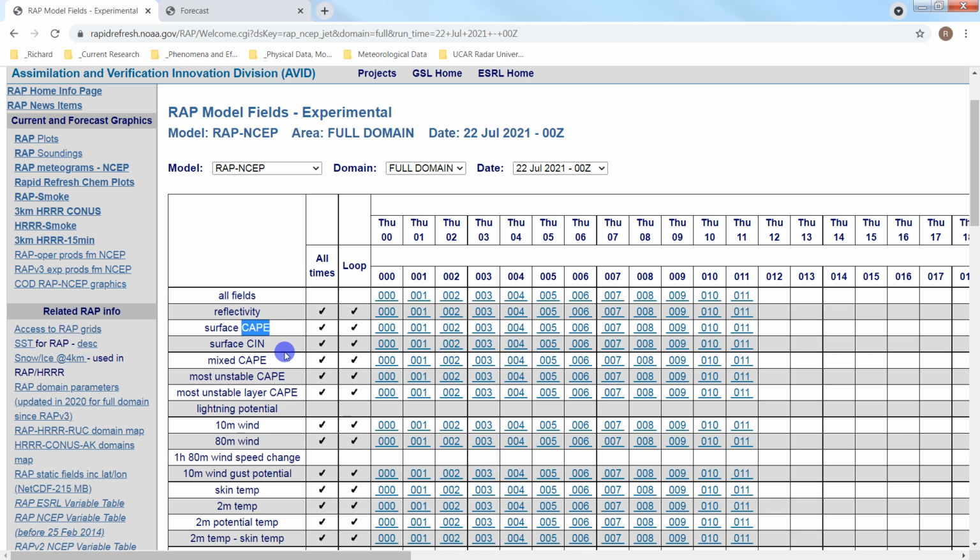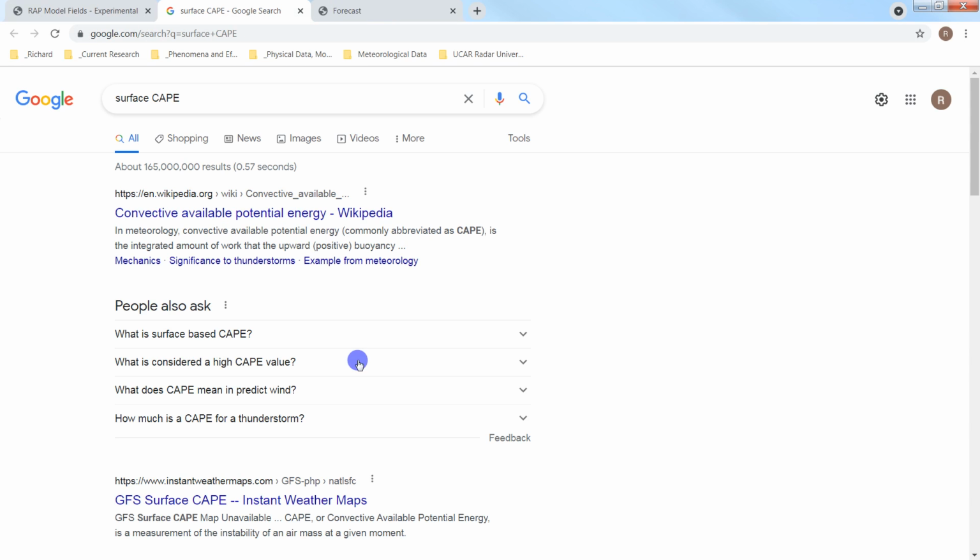Okay. Go to Wikipedia, look at any of the highlighted topics that are considered important enough to have their own page, and I'm sure Surface CAPE, whatever that means, should have its own page. Let's try it and just see. Surface CAPE.